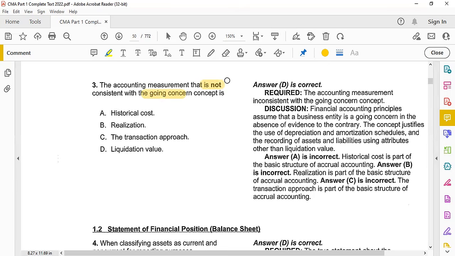Liquidation. Because with liquidation value, we will close the business. But in going concern, we assume we will not close it. It is liquidation value we don't use. Right?